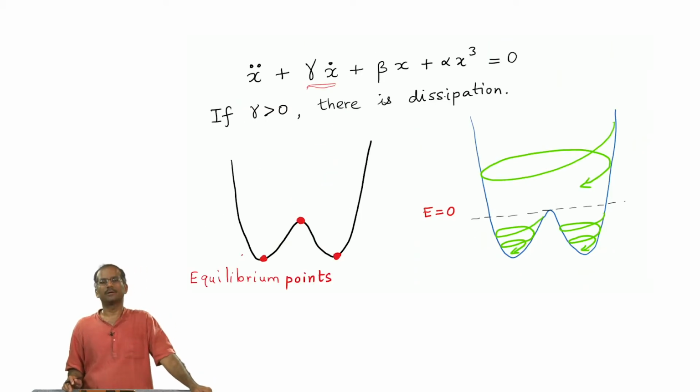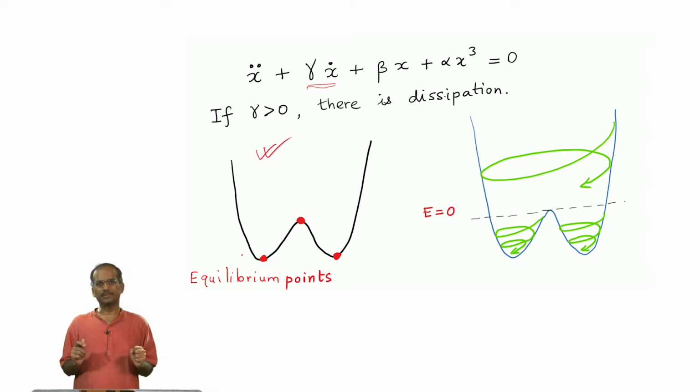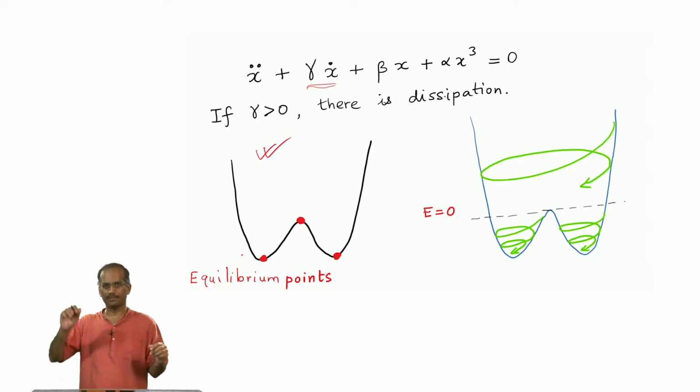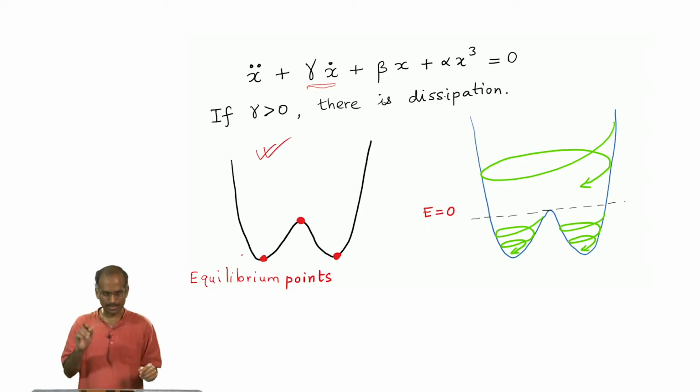And these points are called equilibrium points. So, equilibrium points are where the net force is 0. The fact that the marble finally comes and settles there means that it has found a position where there is no net force acting on it, because if there was a net force acting on it, it would keep moving further. At that point there is no net force acting on it, and after that no motion is possible once it comes and settles to that position.